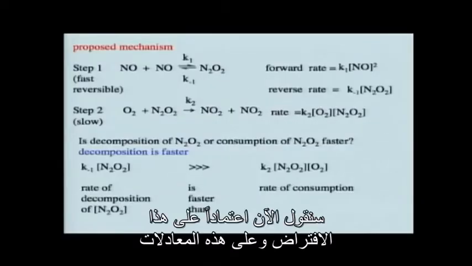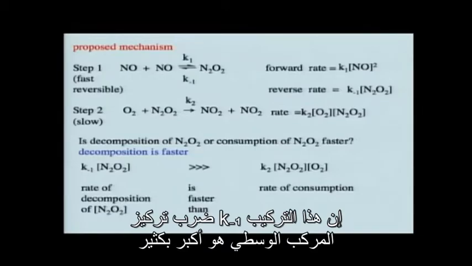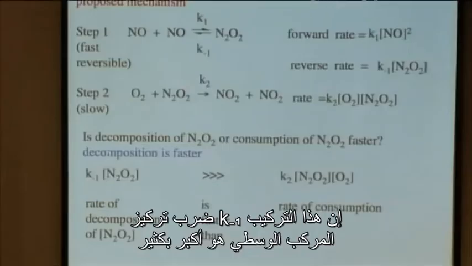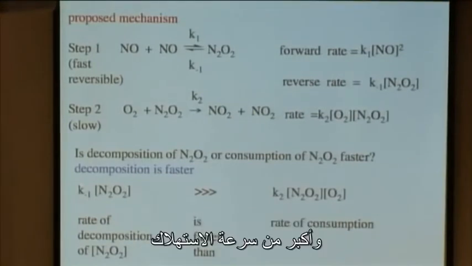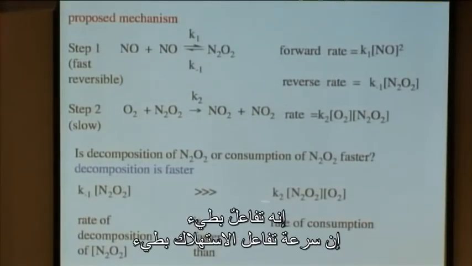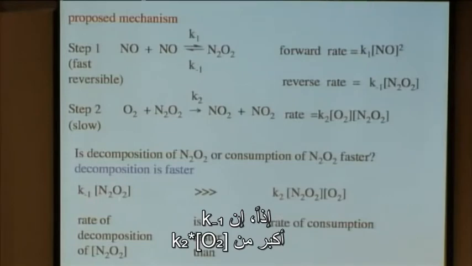Here's the words, here's sort of the equations: this term here, k minus 1 times the intermediate term, is a lot bigger because this is faster than this. This is slow. The rate of consumption is slow. So k minus 1 is going to be a bigger number than k2 times O2.